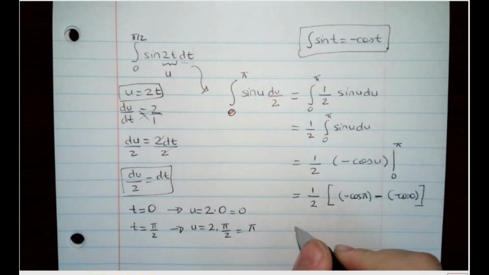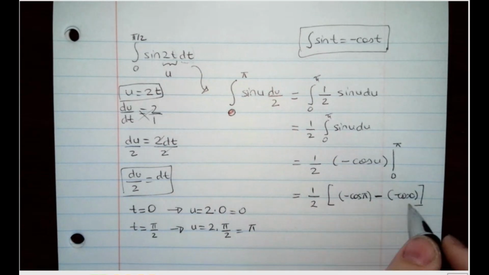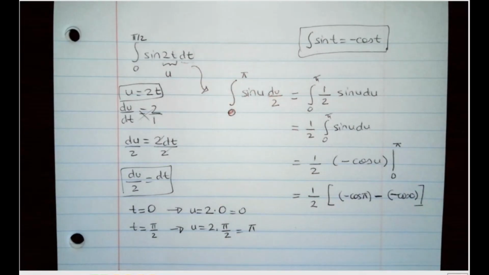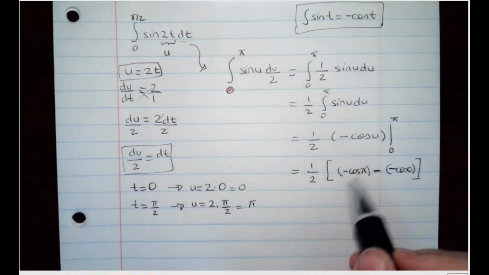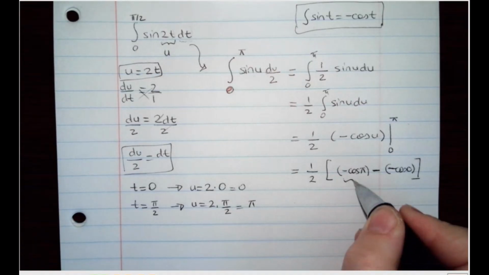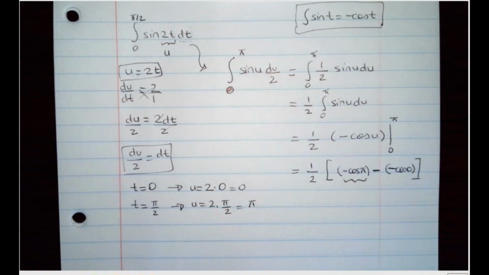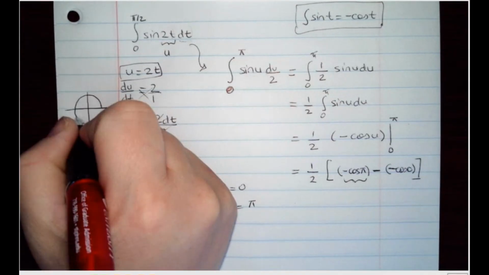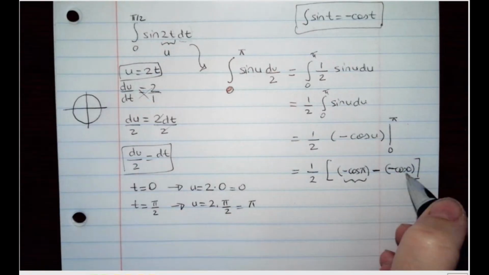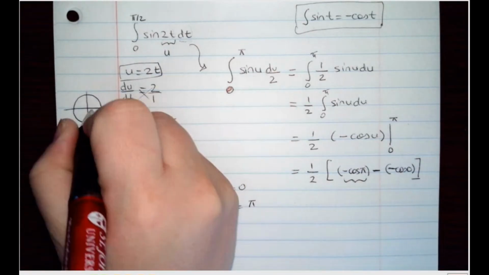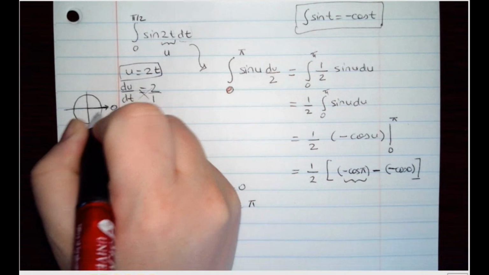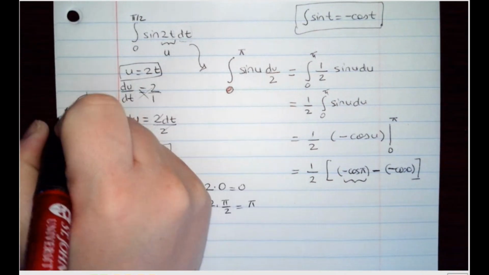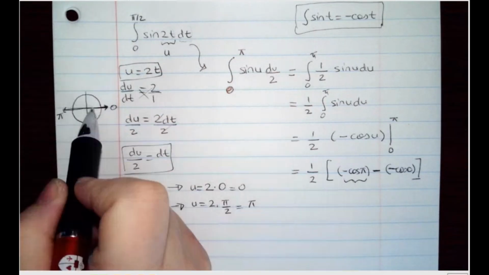You can use the calculator to find these values, but I will just remind you how to find them. This is the unit circle, and 0 is this angle, which corresponds to the positive direction of the x-axis, and pi is this angle. So we just make a half rotation.